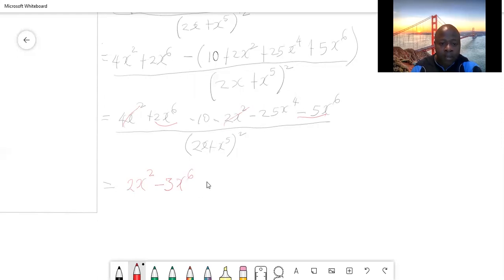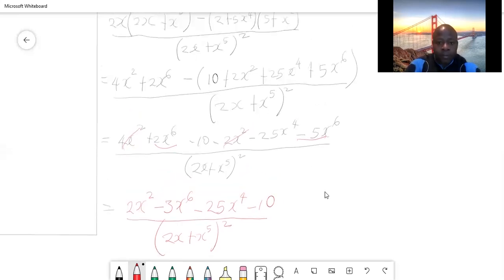Then I have negative 25x raised to 4, then minus 10, the whole thing over the denominator squared. Yeah, that's okay. That's what I was getting.